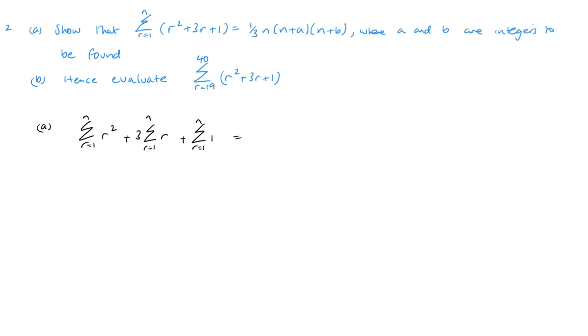Now r squared is 1/6 n plus 1, 2n plus 1, and r is 1/2 n plus 1, and then 1 is just n. So this is what we've got and what we've got to simplify here.